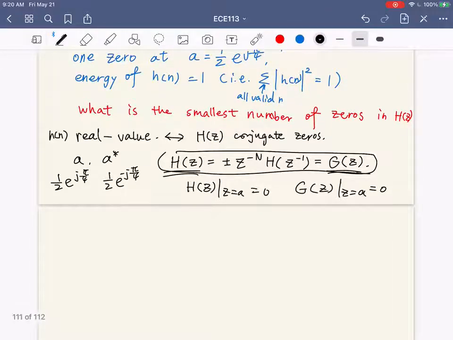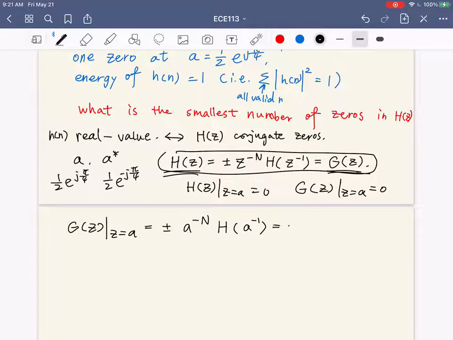And if we write the expression in the middle, we'll see that G of D when D equals A is basically plus minus A to the minus N, H of A to the minus 1 as a variable of H, right?